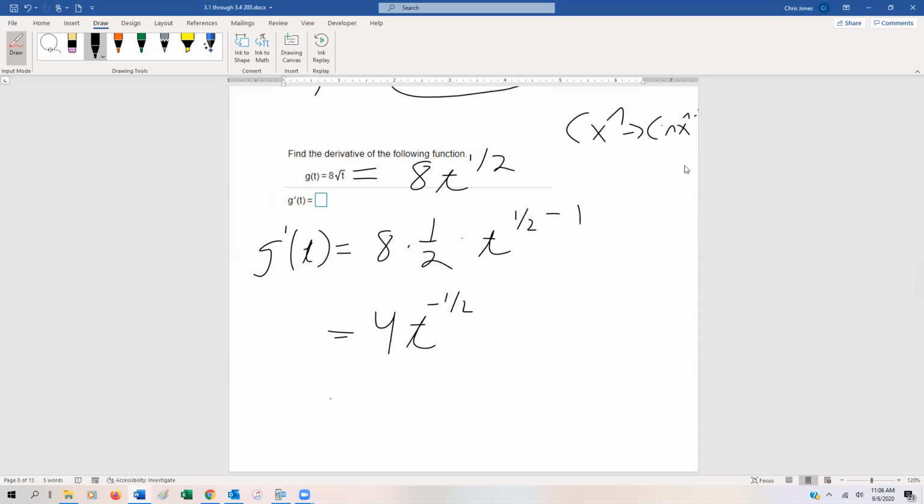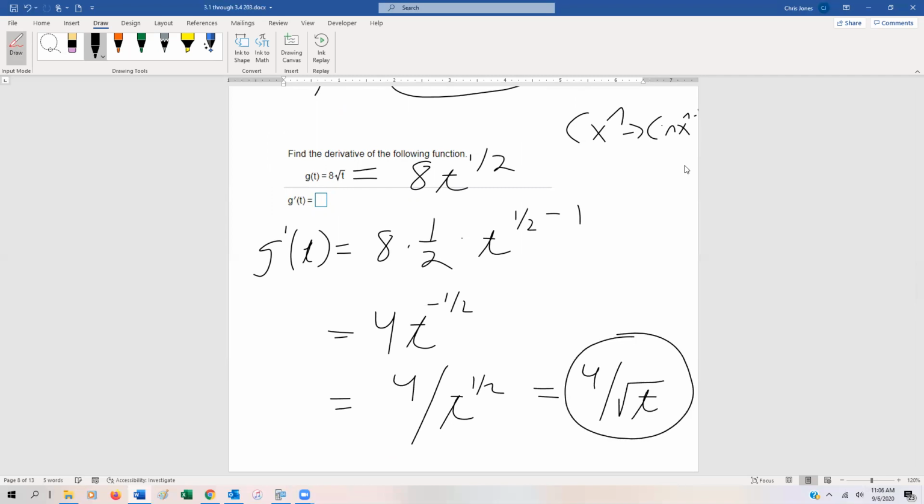Another way to write this, remember your negative exponent rules, you can put the t in the denominator. So this is t to the 1/2 power. And finally, remember 1/2 power is square root. So that means we have 4 over the square root of t, and that would be the derivative, which again is a slope.